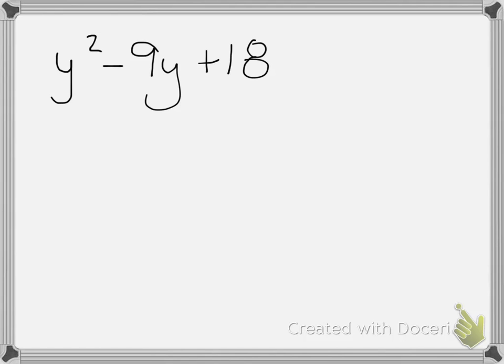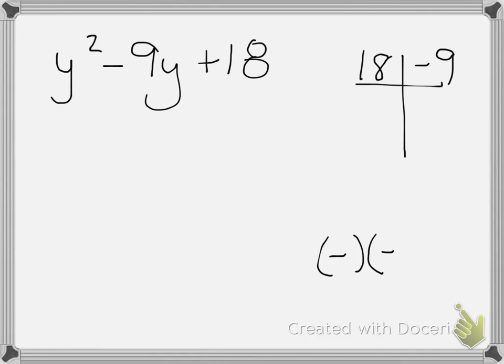Okay, and one more practice problem here. So you're looking for something that multiplies to 18 and adds to negative 9. You know that they both have to be negative, because a negative times a negative equals a positive.